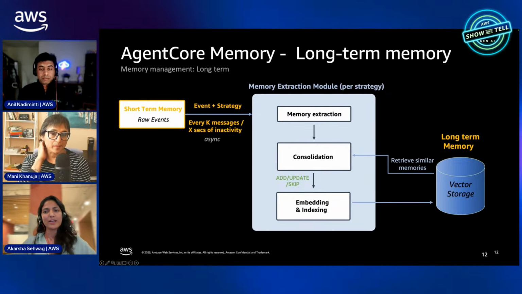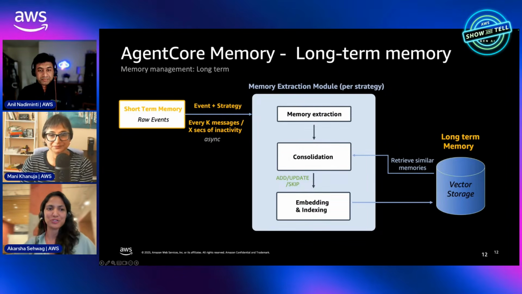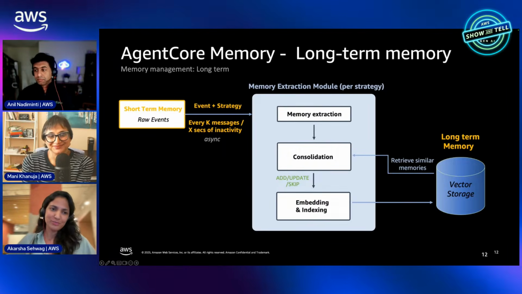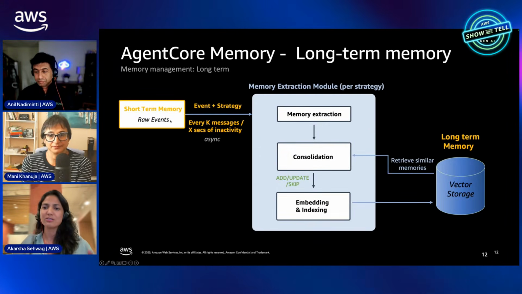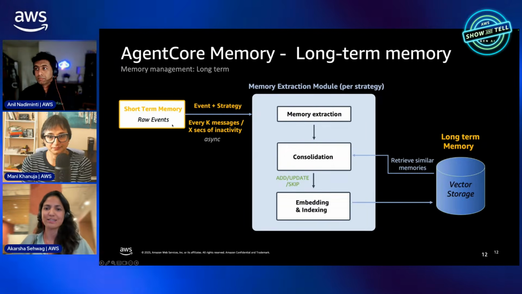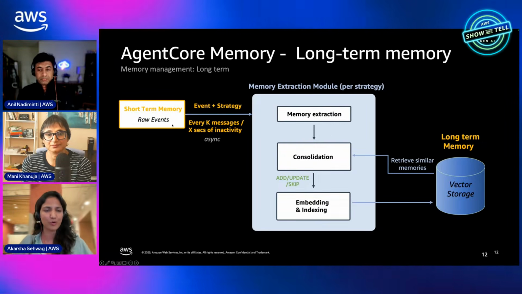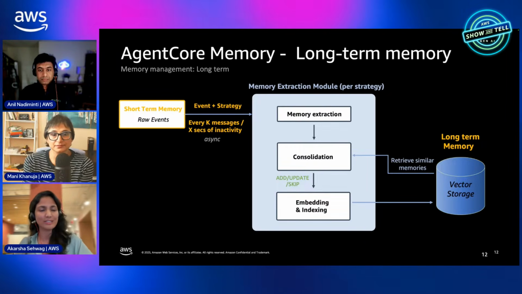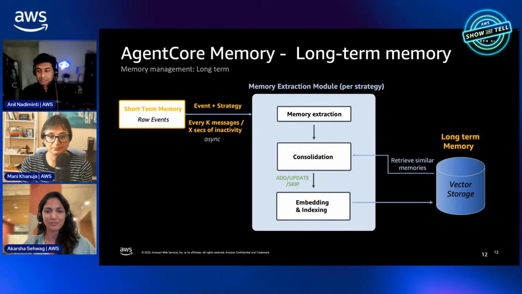Okay. Moving on to our memory extraction module. So this extraction pipeline runs asynchronously after every K messages or after every X seconds of inactivity, because we don't want it to wait for too long, waiting for more messages before it stores the summary, for example, or the long-term information.